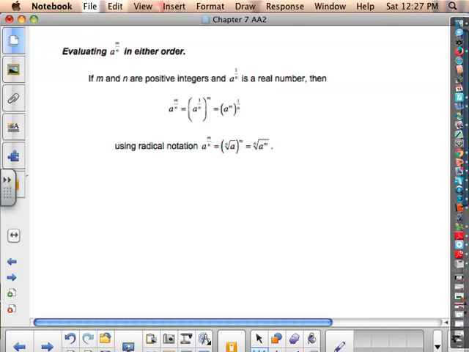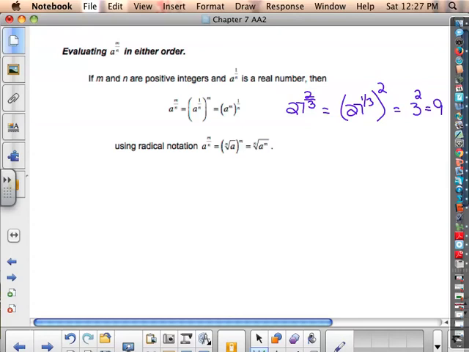You might have something like 27 to the 2/3, for example. So if I rewrite that as 27 to the 1/3 squared, it becomes a lot easier to understand because 27 to the 1/3 is 3. 3 squared is 9.